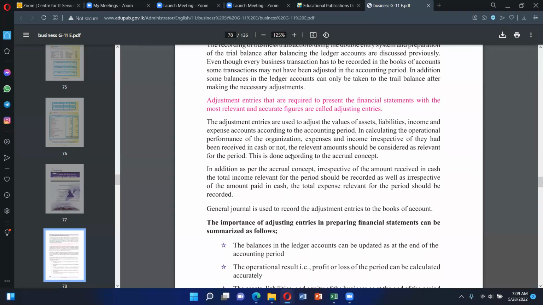Okay, write this down. Adjustment entries are entries which are required to present the financial statements with the most relevant and accurate figures.